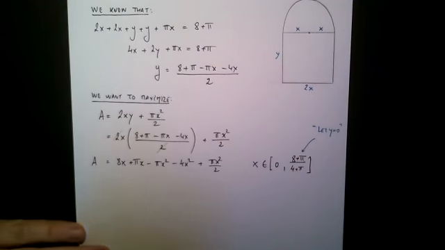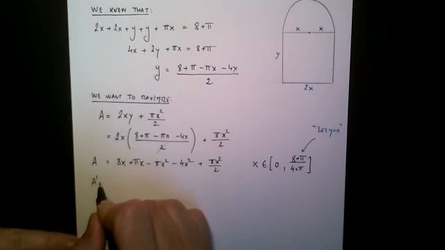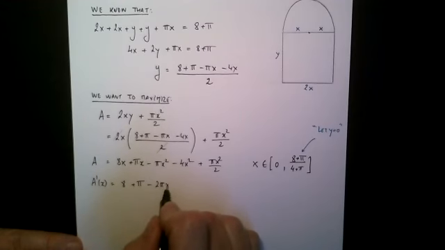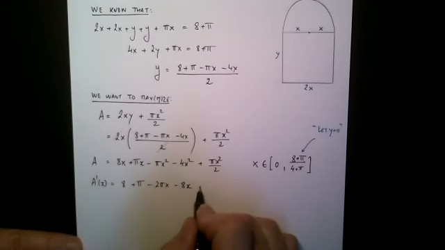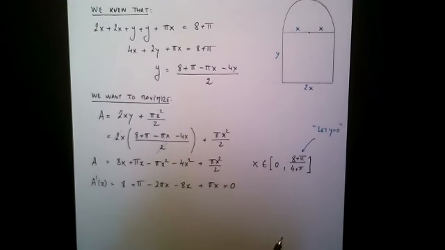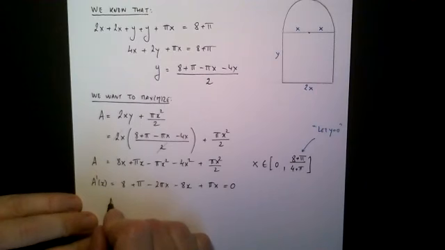So now what do we do? A prime equals 0. So let's find A prime of x. The derivative will be 8 plus pi minus 2 pi x minus 8x plus pi x. And this has to equal 0. Okay, let's try.